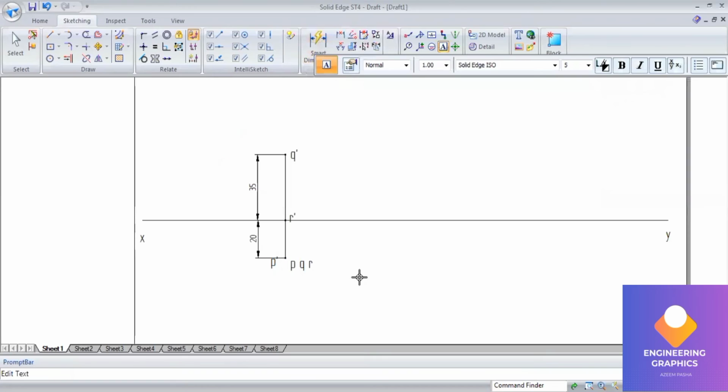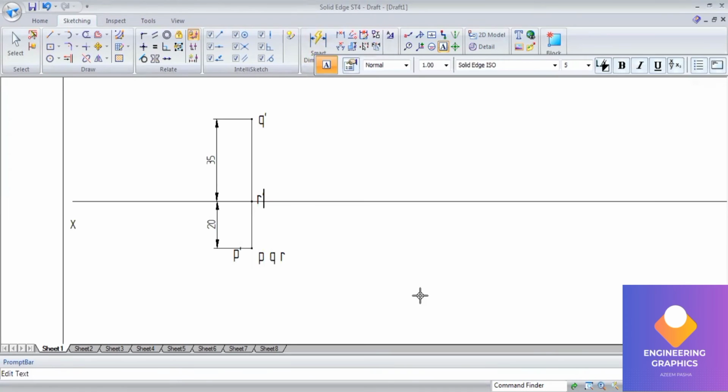Point P lies in fourth quadrant. And point Q lies in first quadrant.